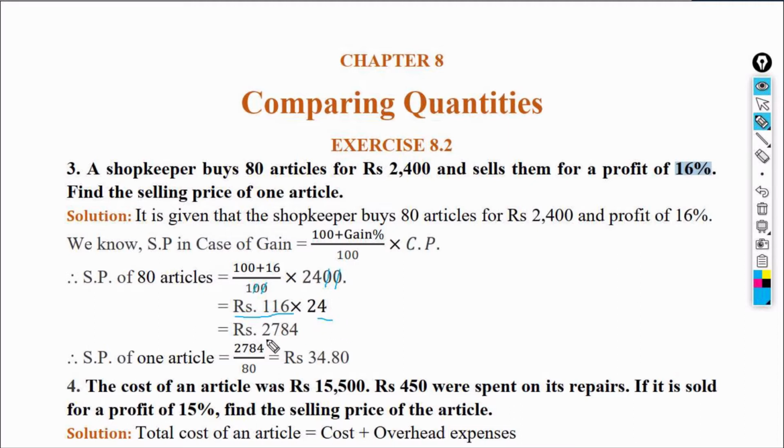After multiplying, you will get rupees 2784. This is the selling price for 80 articles. Here you have to find the selling price for one article, that is rupees 2784 divided by 80, which is rupees 34 and 80 paise. It is very simple.